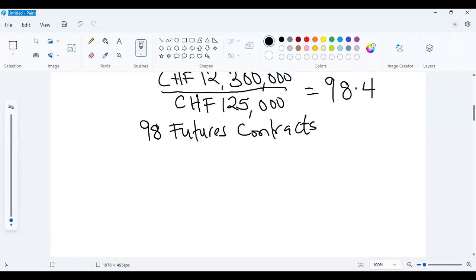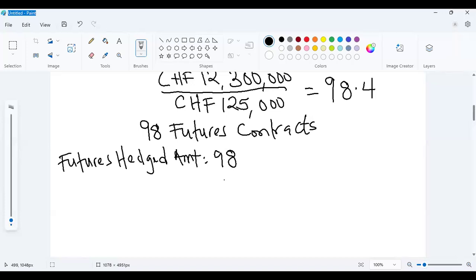Now come here. Hedge amount. Look at please under futures, hedge amount. Because we have selected 98 contracts, and one contract is for 125,000 contract size.